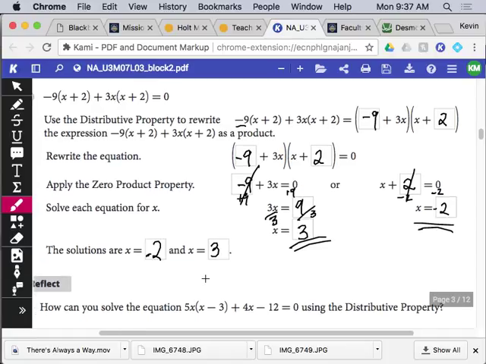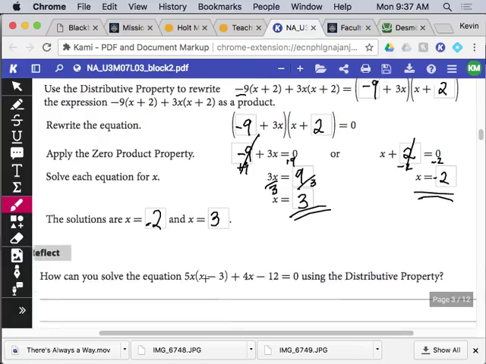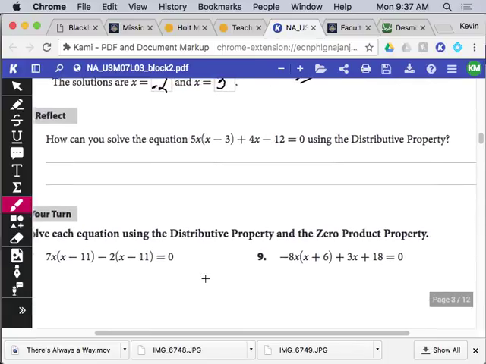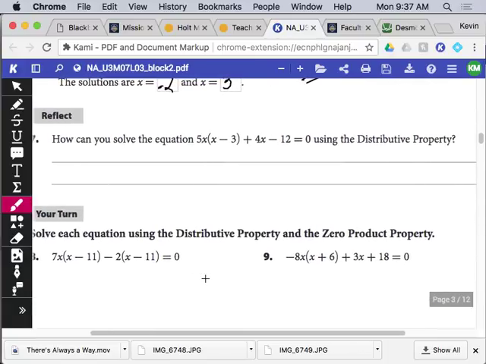That was a little bit more complex of an idea than what we started with. Now, how can you solve the equation 5x times x minus 3 plus 4x minus 12 equals 0 using the distributive property?